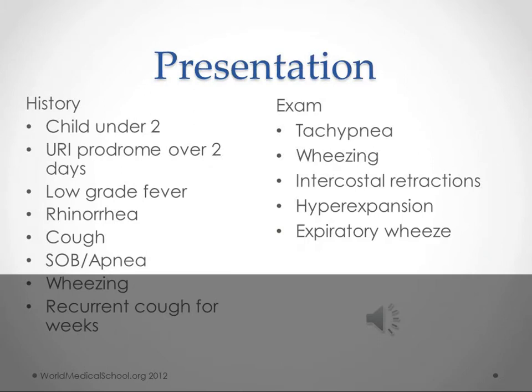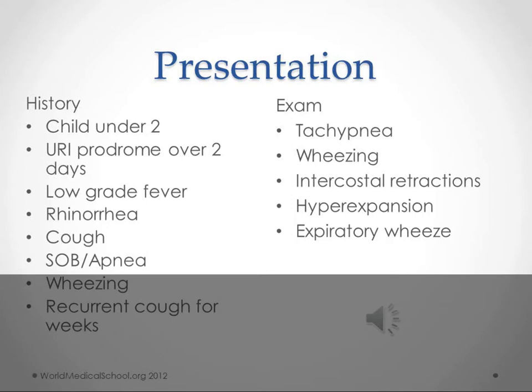So the story that you'll hear is this child under the age of 2 has an upper respiratory infection with runny nose, maybe some cough, sneezing for a couple days, and then they have a low-grade fever, a little bit higher fever if it's caused by adenovirus.